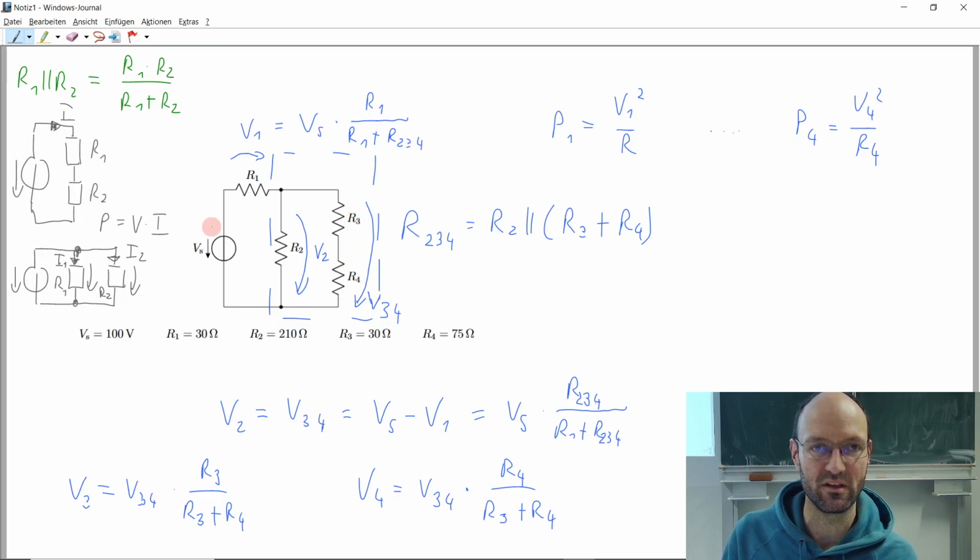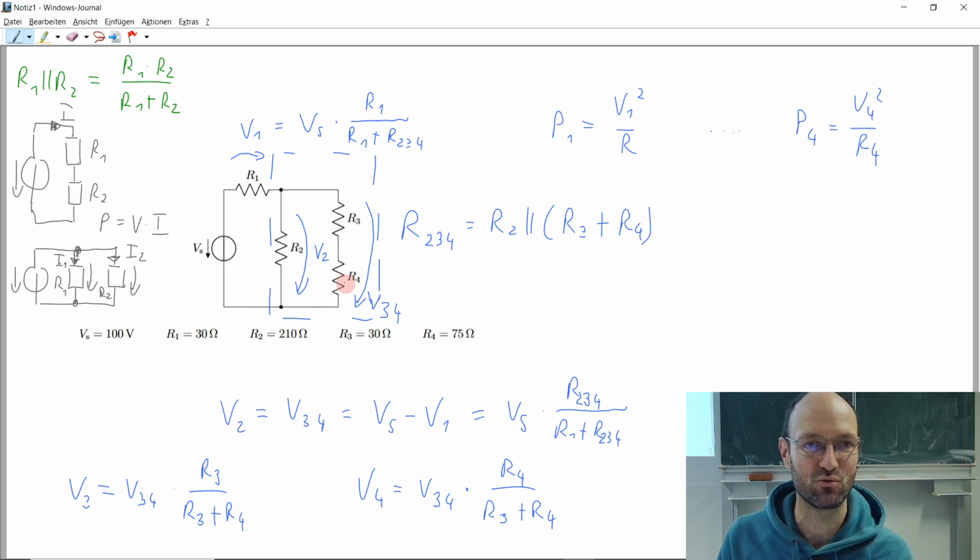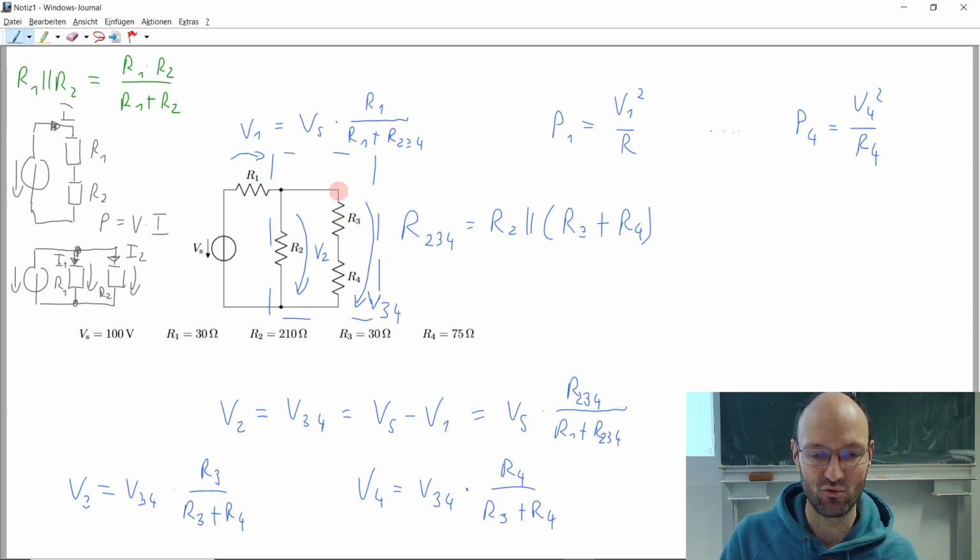So without calculating, no one can say, but this resistor R4 seems to be a quite good candidate to get lots of power, because it's not too high to have little current, and not too low to not have enough voltage.